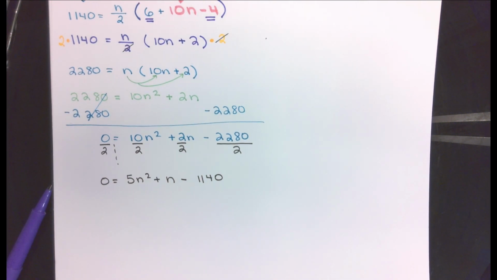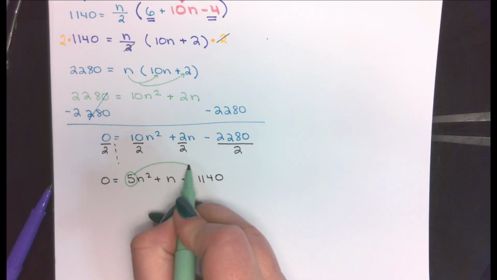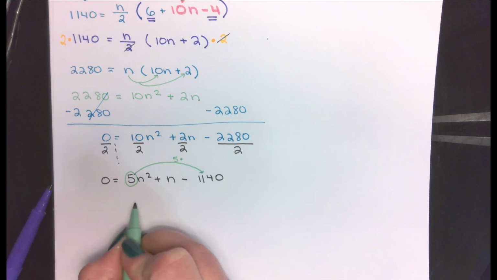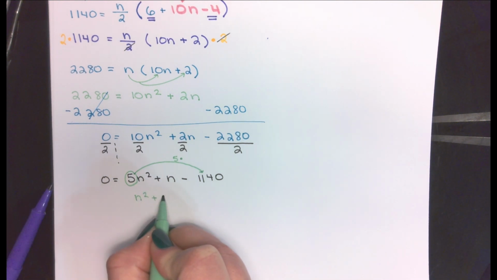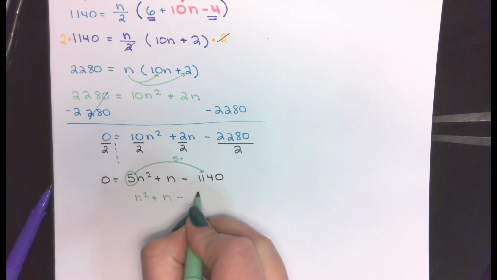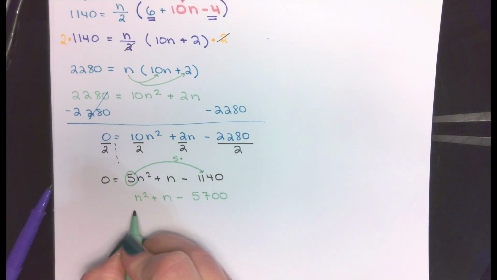Now recall, rainbow method is when you take the leading term and you multiply it by your constant, so we're going to be multiplying by 5, and we get n squared plus n minus 1,140 times 5 is 5,700. Now we get to guess and check.